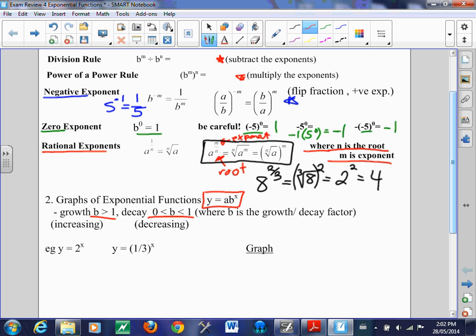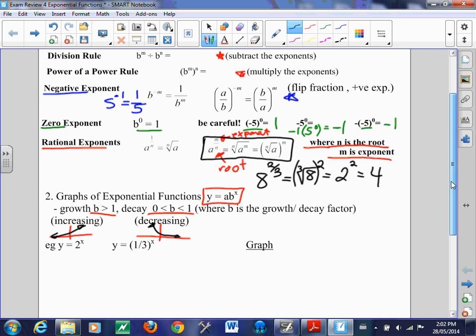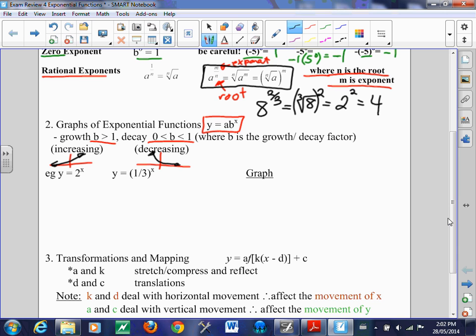All right, so just remember, folks, when you've got an increasing function, if you're drawing that, it increases as you go from left to right. Okay. And if you have a decreasing function, ladies and gentlemen, it decreases as you go from left to right. Remember when you graph these, you're going to have what's called an asymptote.